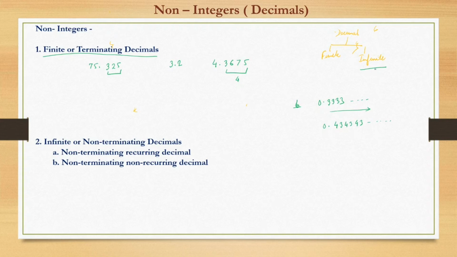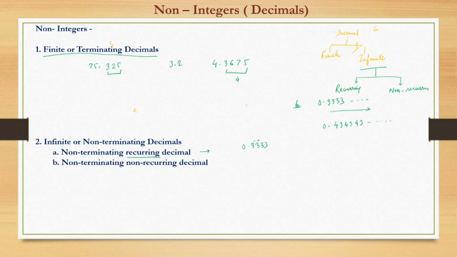Now further, infinite decimals can be broken into two parts, as I have discussed earlier also in brief, that is recurring and non-recurring. So we will see what is recurring. Recurring is, say suppose I write 0.3333, so this is a recurring decimal, right?